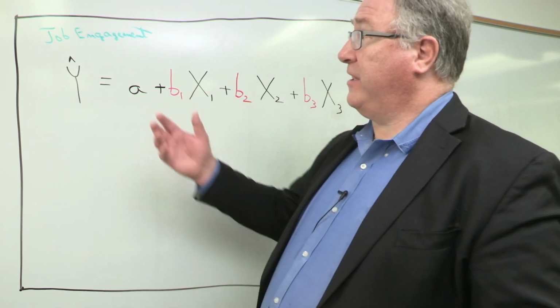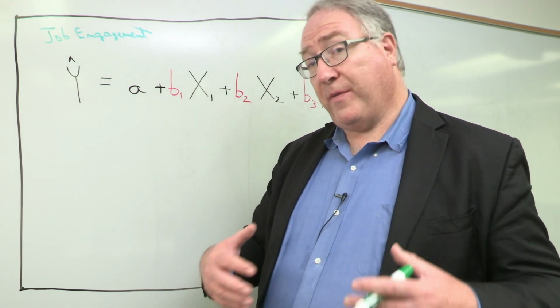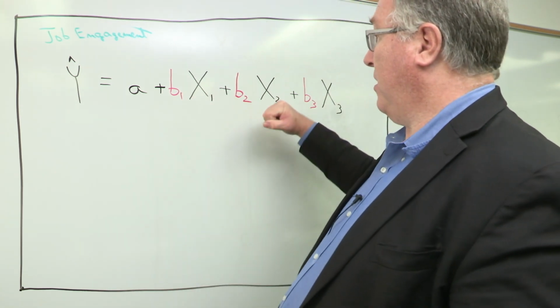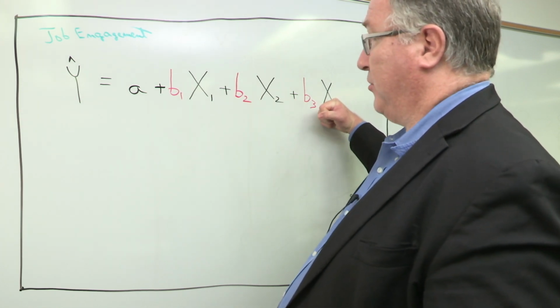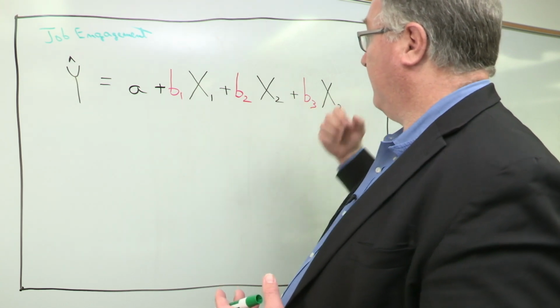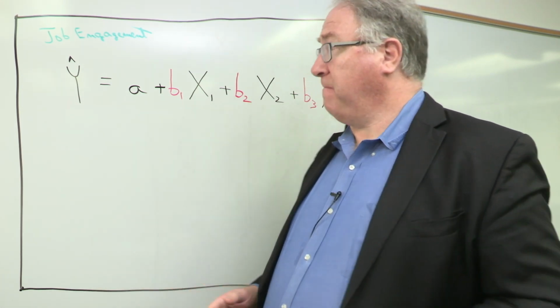So we want to understand job engagement most basically in terms of scores on the outcome variable measure, in terms of person scores on the predictor variable measures. Okay, well, what might some of these predictor variables be, each with their own particular measure?